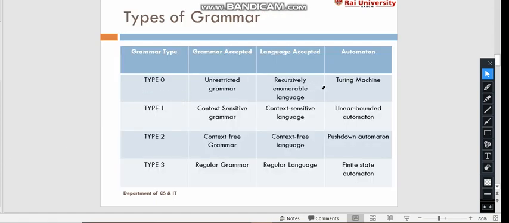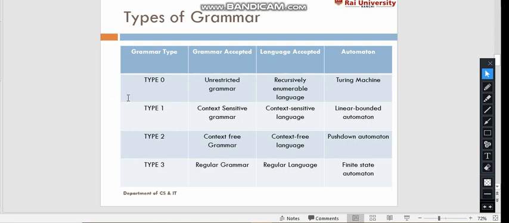Now, this is the tabular representation of the different types of grammar. Here we have the different types of grammar, the representation of the grammar, what type of language is generated by each grammar, and which type of automaton accepts the language generated by a particular grammar.